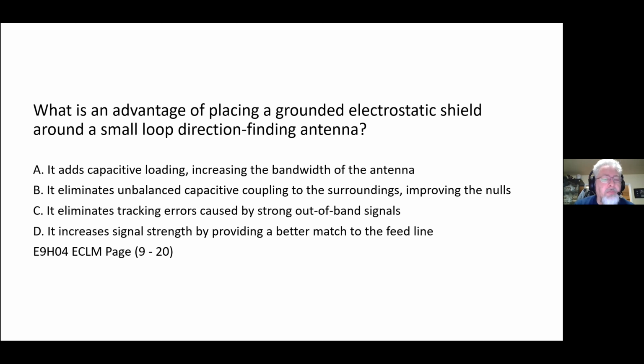C, it eliminates tracking errors caused by strong out-of-band signals. Or D, it increases signal strength by providing a better match to the feed line. Bravo is correct. It eliminates unbalanced capacitive coupling to the surroundings, improving your nulls.